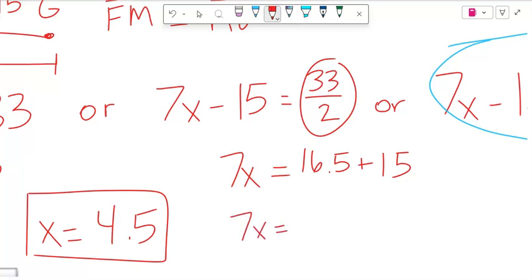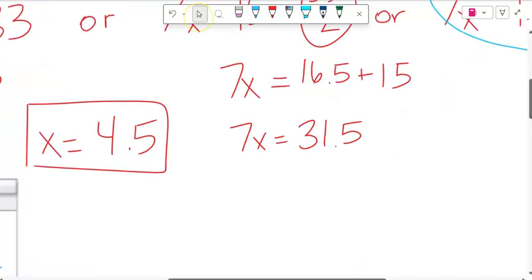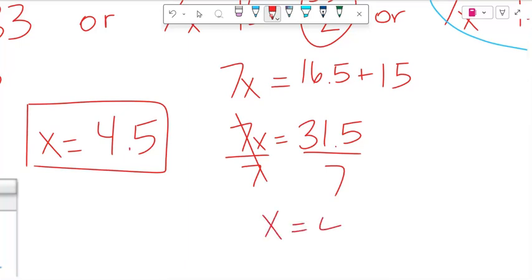So 7x equals 31.5, divided by 7. Somebody put that in their calculator real quick. 31.5 over 7. Did we get 4.5? Yes. So we're good, right?